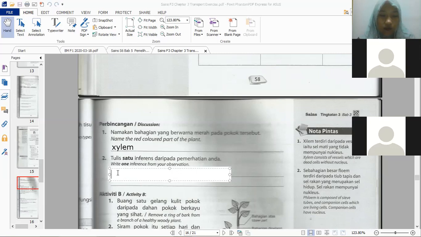So that's why you have to mention the red color too. Because this is the experiment. If you just say xylem transports water and mineral salts, if it's 1 mark, you lose the mark there because they want the red color. You must put it there because that is the observation, what you see. So you have to put here the xylem.